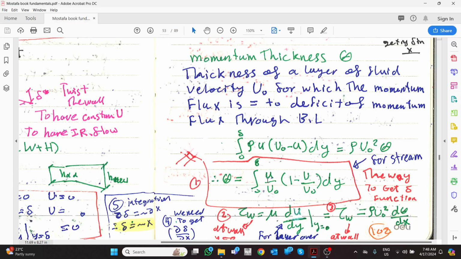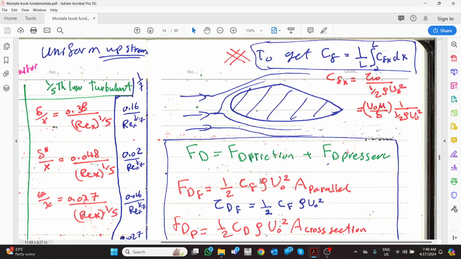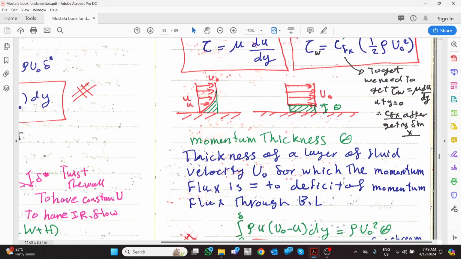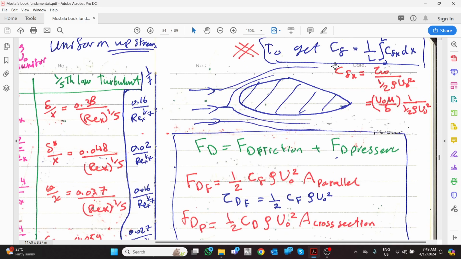Okay, so let's go to an example. Before going to the examples, we just need to understand another point: how we're going to get the CF when we know delta as a function in the x direction, because CF is the integration of CFX dx from 0 to L, times 1 over L. You will get the full CF.